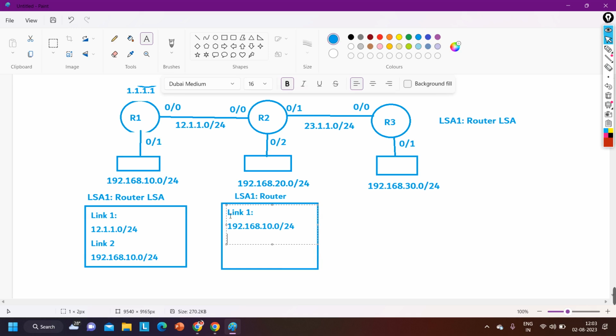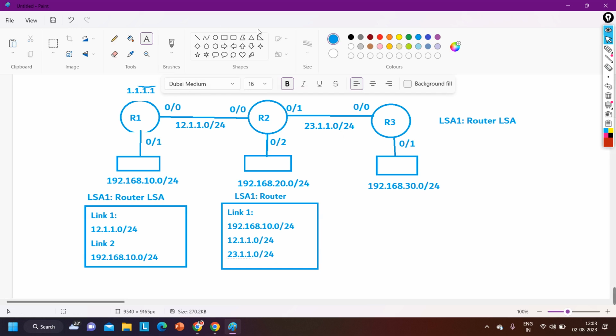One more link is there, on which the network running is 12.1.1.0/24. One more link is there, on which the 23.1.1.0/24 network is running. This network is running on fast ethernet 0/2, this on 0/0, and this on 0/1.